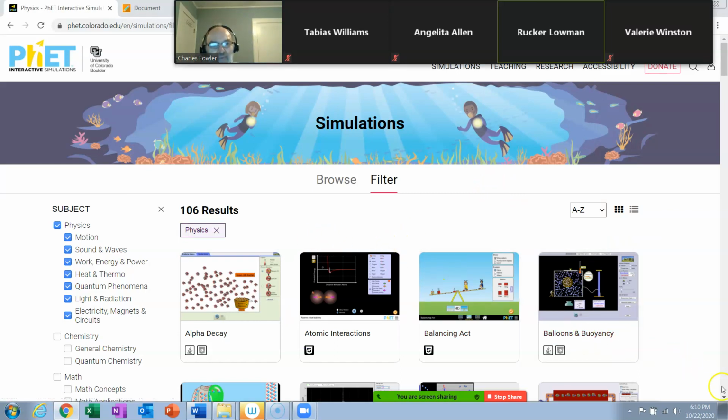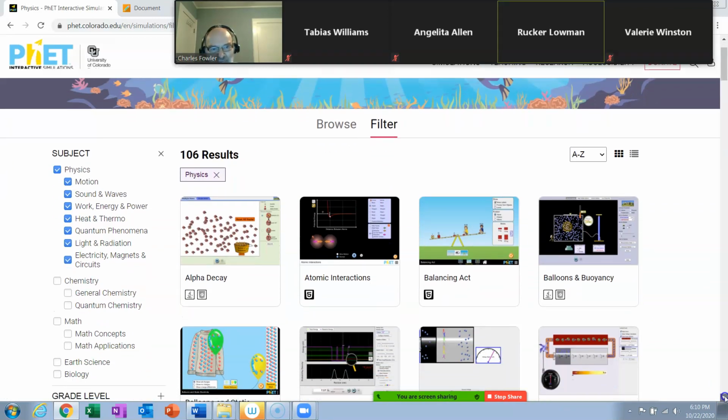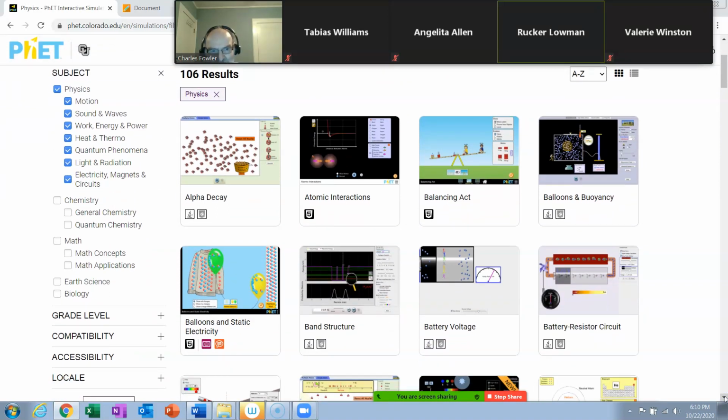Okay, what we're looking for, I think, is something like forces. I had it open and now I can't remember what it is. Do any of you have it printed yet? I thought I had it. Forces in motion. Okay, let me see if I have it printed.